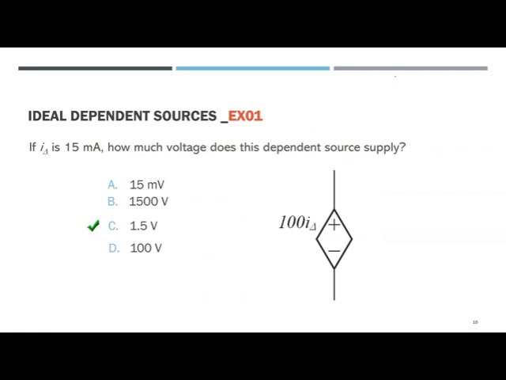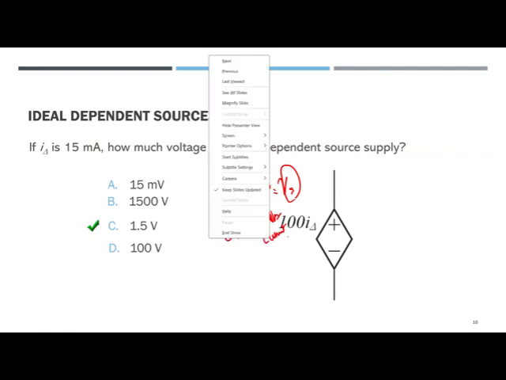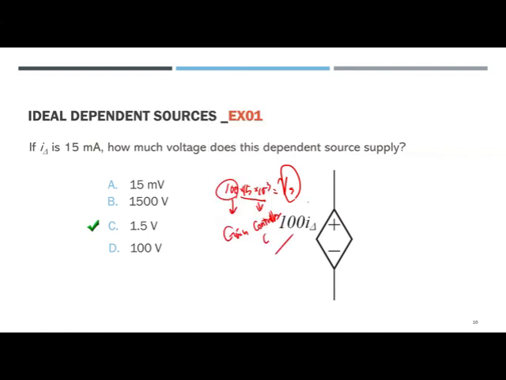That was 100 times I sub delta, 100 times 15 milliamp, divided by 3, that was V sub S, the source voltage. This is the gain. This is the controlling current. Okay, so that was 1.5. The unit should be volts.